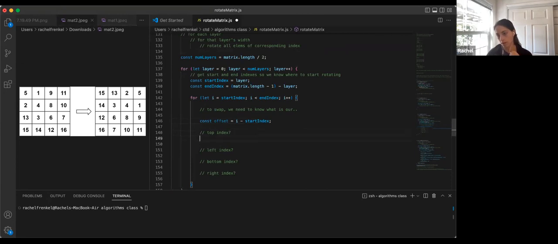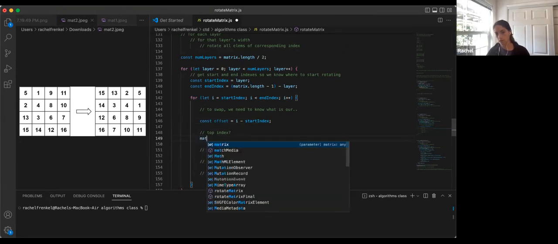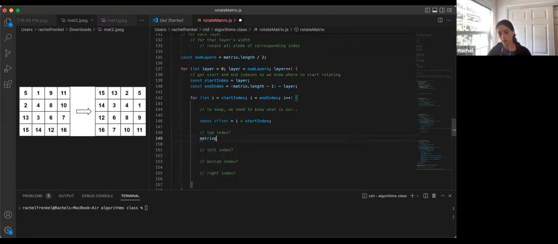So now, how do we find each of these? The top index. What will our top index be? Actually, we need to save the top first before we do anything, just as Tariku said with our swapping stuff.